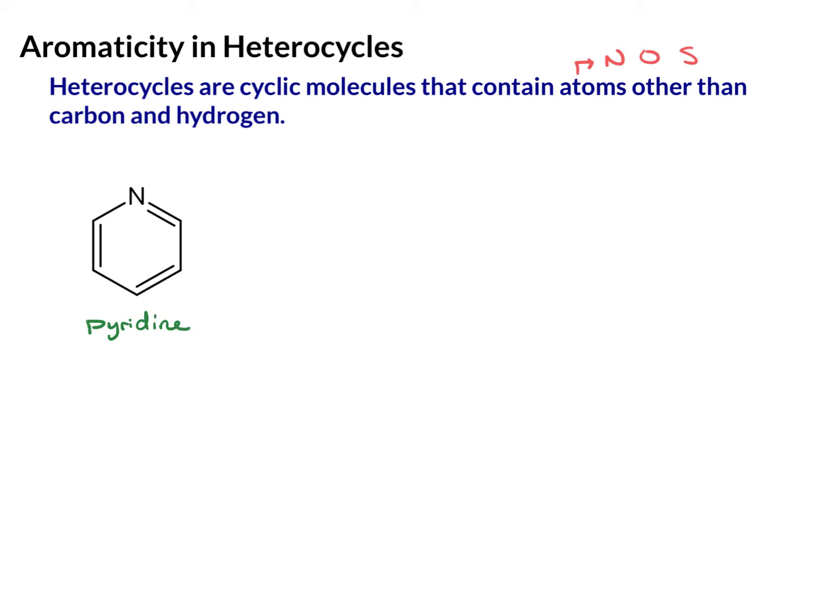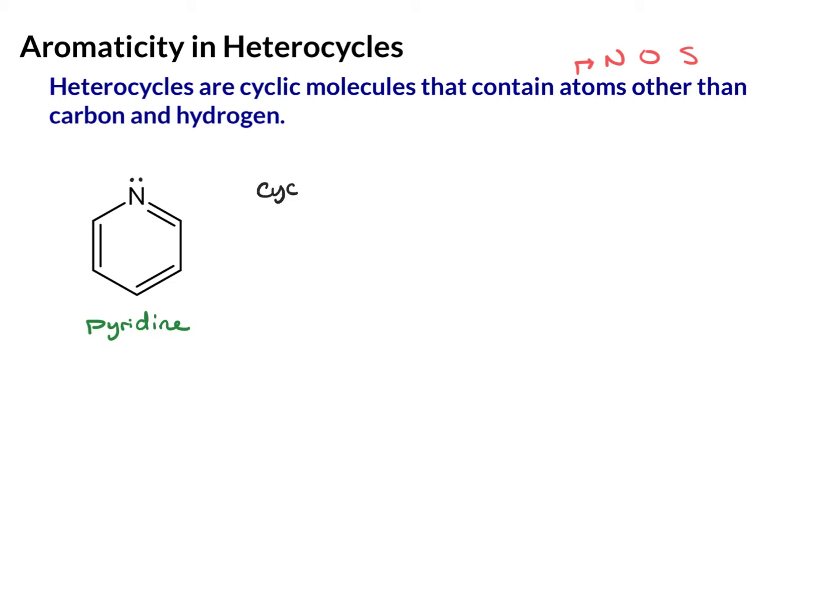But we're going to go through this in the same way that we would any other example. Now, recognize that the nitrogen, we have 3 bonds shown, the double bond and the single bond. But that nitrogen does also have a lone pair on it. So let's go through and apply our criteria.